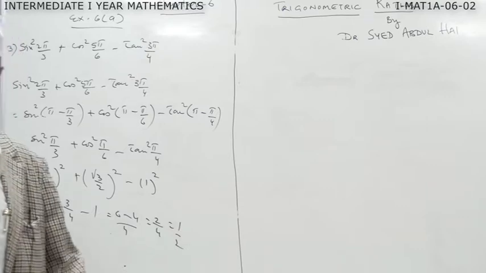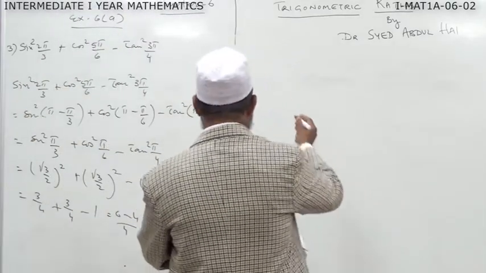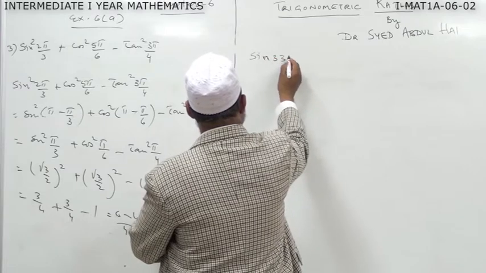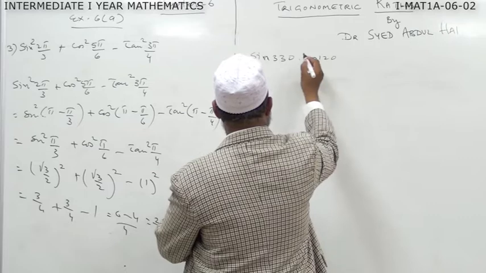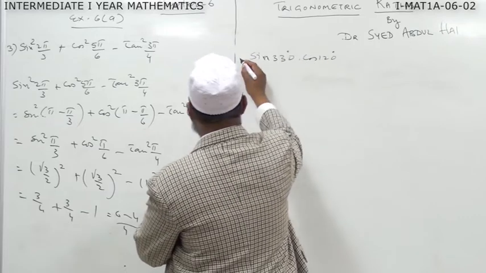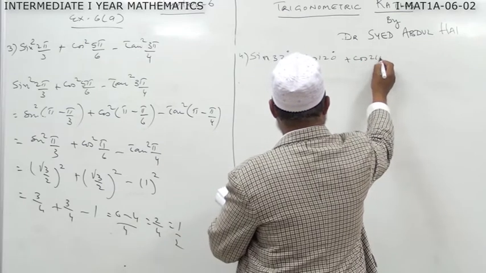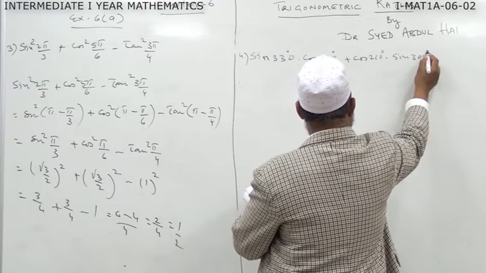Next. Find the value of sin 330 cos 120 plus cos 210 sin 300.